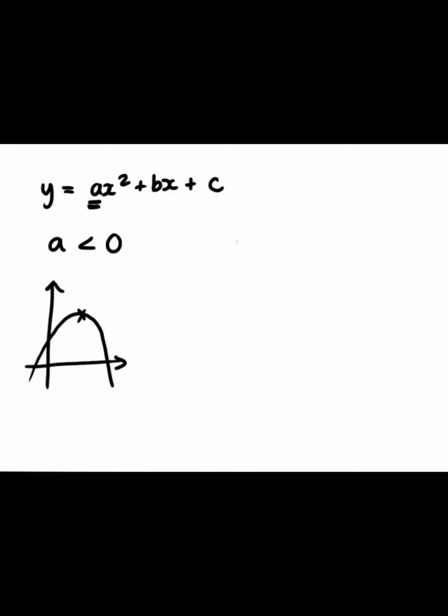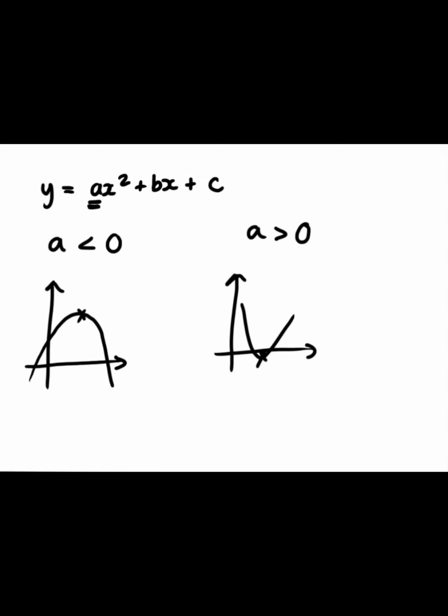However, in the same equation, if a is greater than 0, so it's positive, then the graph, you guessed it, has a minimum point.